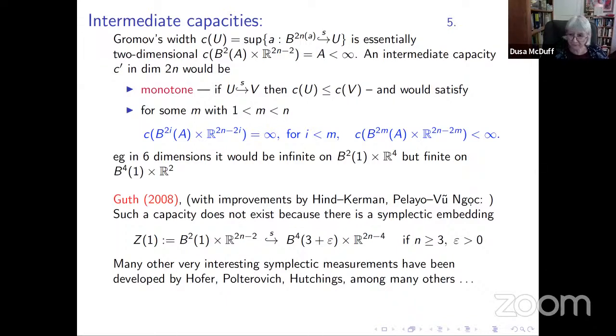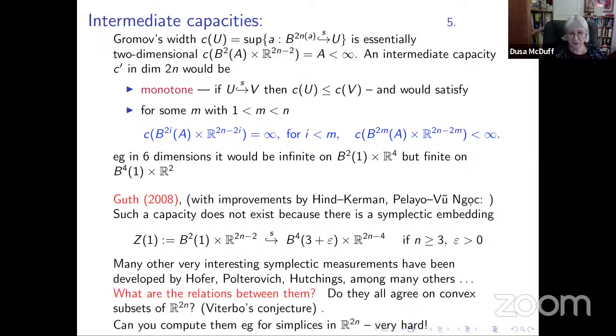And just to wrap up this discussion, I want to say there are lots of other symplectic measurements you can make. I gave you one capacity, which is given by the ball embedding thing, but there are many other ones to do with periodic orbits on the boundary and various things.